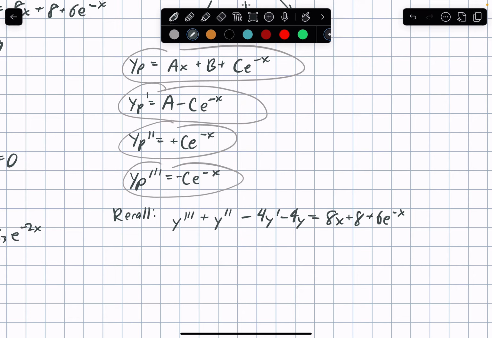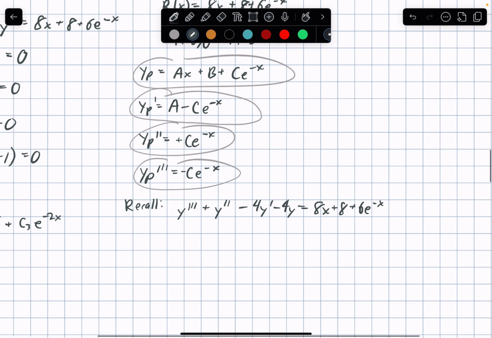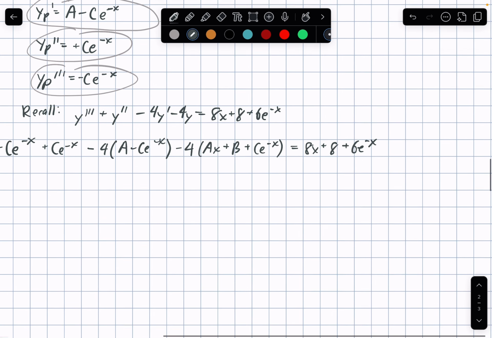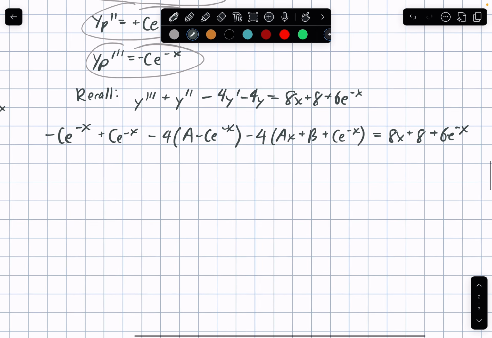So all of them now. This is going to be long. Negative ce raised to negative x plus ce raised to negative x minus 4. Okay. Simplify.